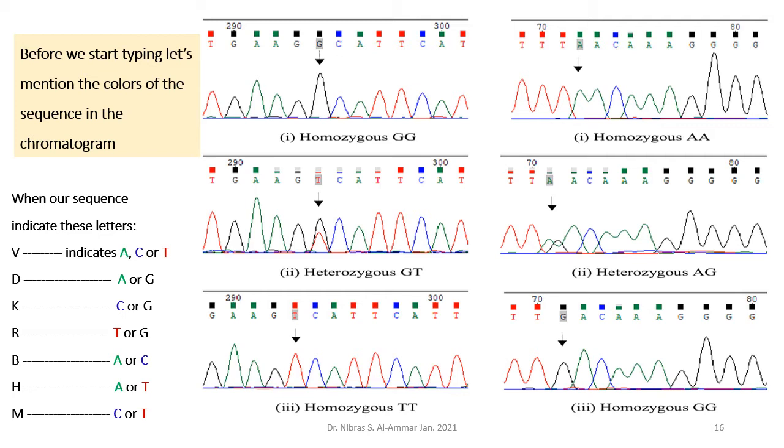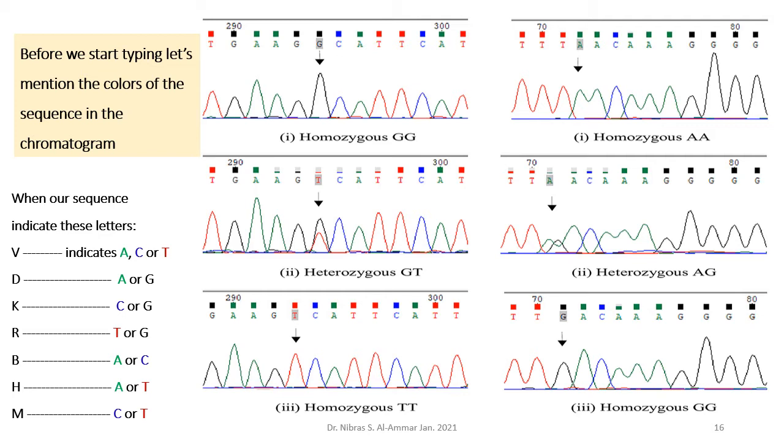When we are doing our typing, sometimes other letters appear, not A, C, T, or G, other ones, like V, D, K, R, B, H, M. What does each one mean? When our sequence indicates these letters, like V indicates A or C or T, that means one of these three is our sequence.